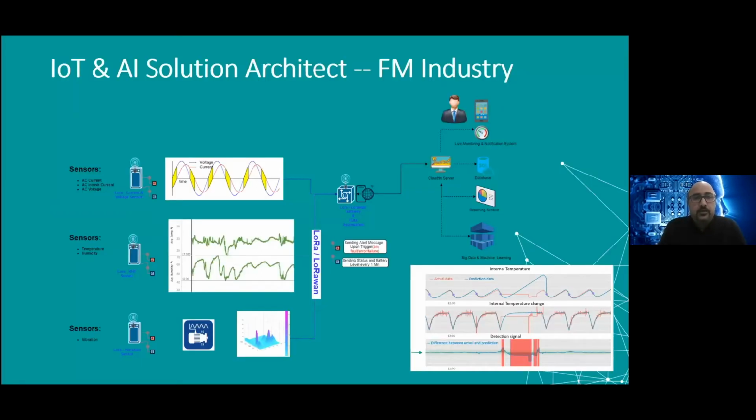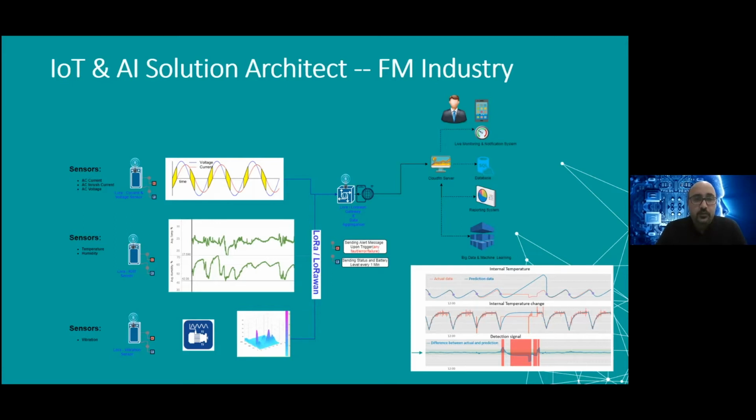The solution we have designed for this industry, which you can see in the picture, is an IoT and AI solution architecture for the FM industry. We designed hardware and sensors that can detect, monitor and collect data from assets at a variety of levels.